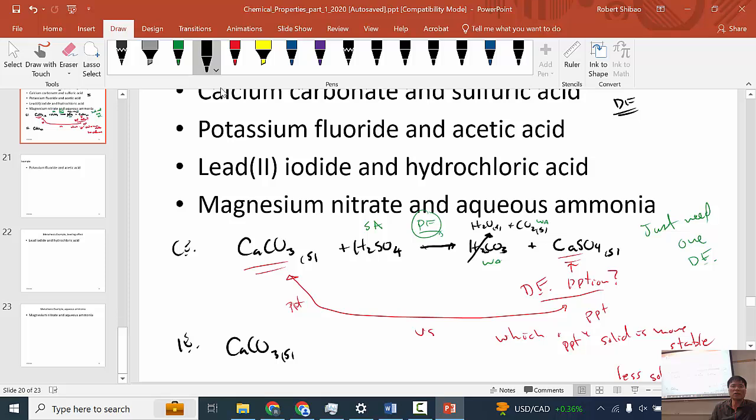People have a tendency to ionize all salts, but we don't. Is H2SO4 a strong acid? Yes. So we ionize it. When we ionize it, it's a diprotic acid, but only one proton breaks off at a time. So if we break off one proton, we're left with H plus, the proton, plus HSO4 minus, bisulfate.